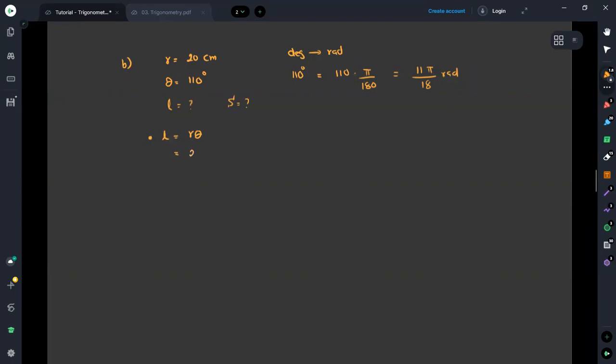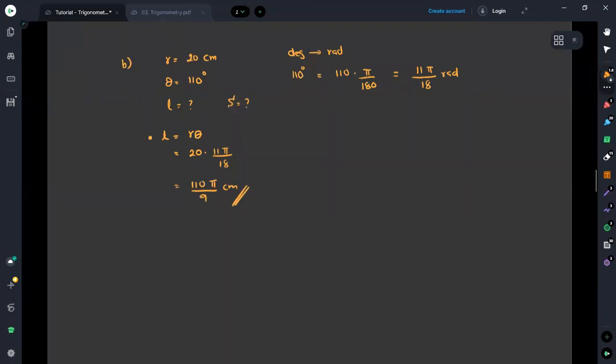R is 20 and theta is now 11π/18. Calculating 20 times 11π divided by 18, we get 110π/9 centimeters.